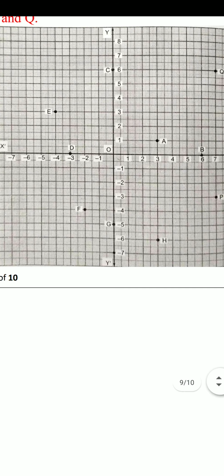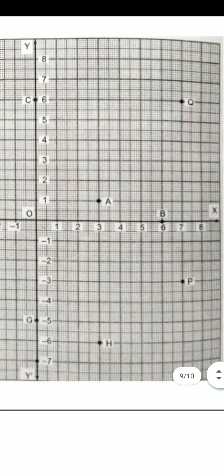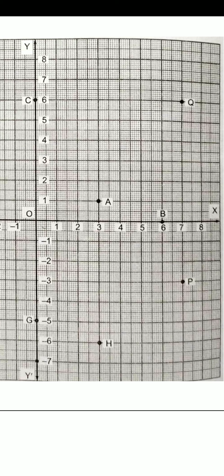Now see here, observe that point B lies on the x-axis. So what will be its coordinates? First we measure the distance from the y-axis, 6 units, and we are not moving anywhere from the x-axis, so its coordinates are (6, 0).